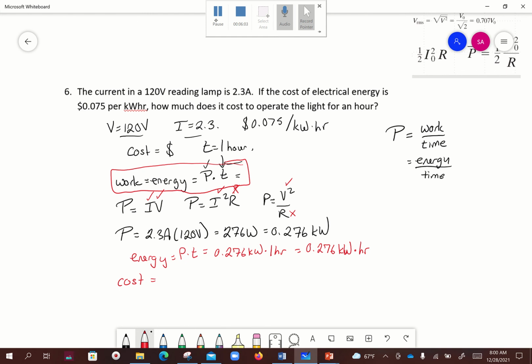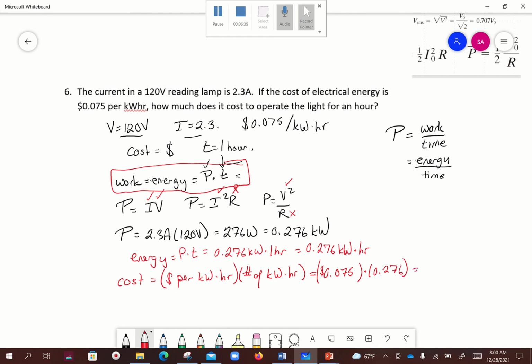So the cost per kilowatt hour times the number of kilowatt hours, that's going to give me what the total cost is going to be. So the cost per kilowatt hour is 7.5 cents, $0.075 times the number of kilowatt hours, which is 0.276.